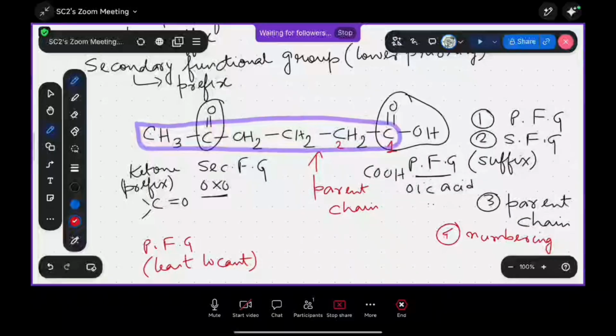Then this is 2, 3, this becomes 4, this is 5, and this is 6. That means we have 6 carbon atoms in which the COOH carbon atom gets the least locant, that is 1.